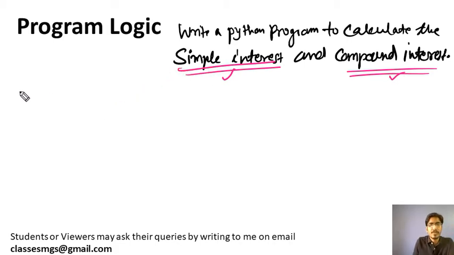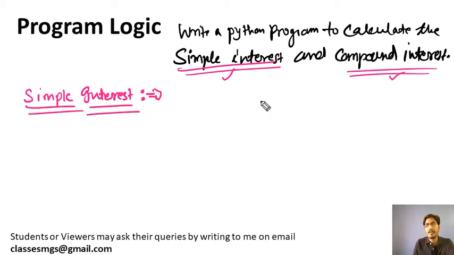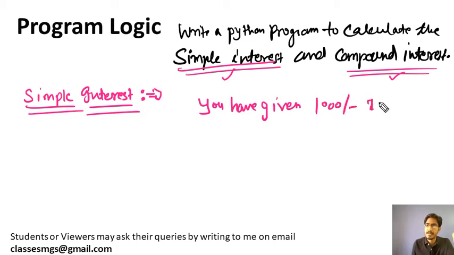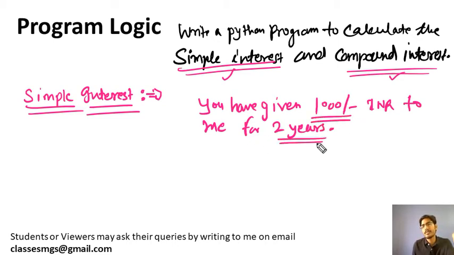So for the new students or students who forgot simple interest and compound interest, I am just revising what is simple interest and what is compound interest. Let's suppose you give me 1000 rupees for 2 years.